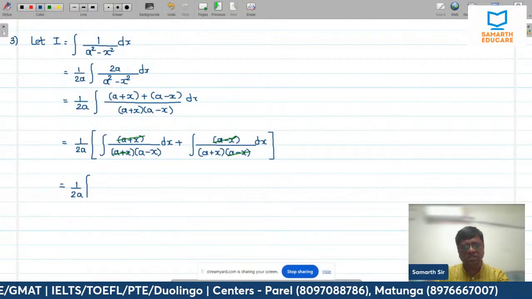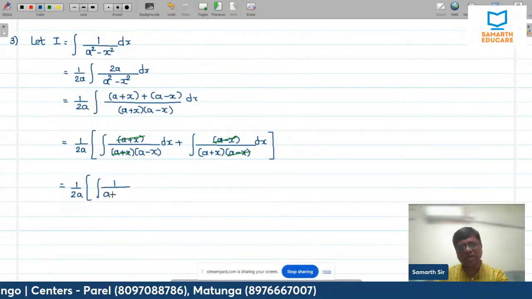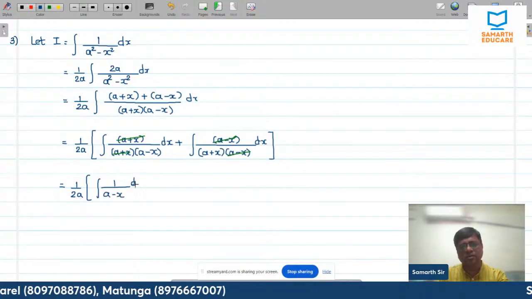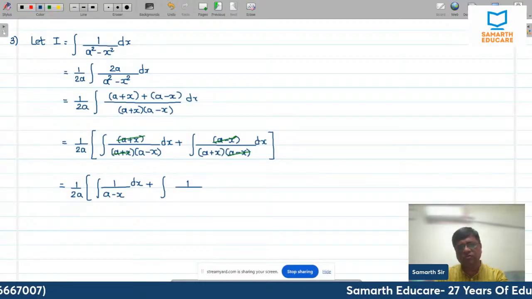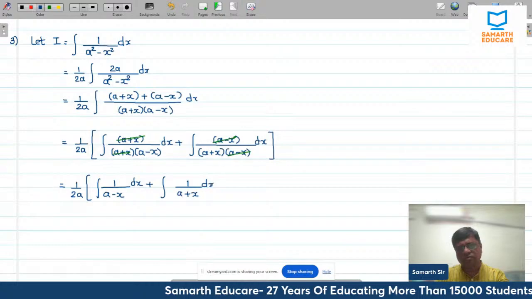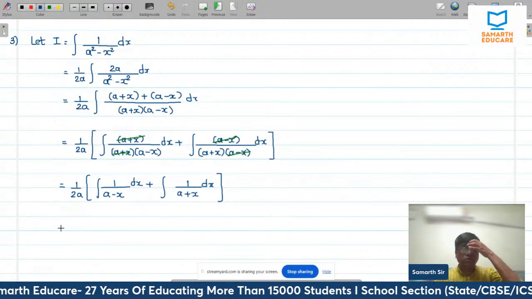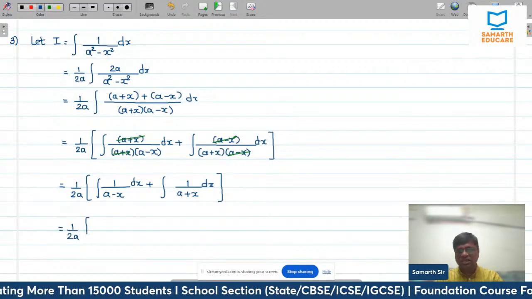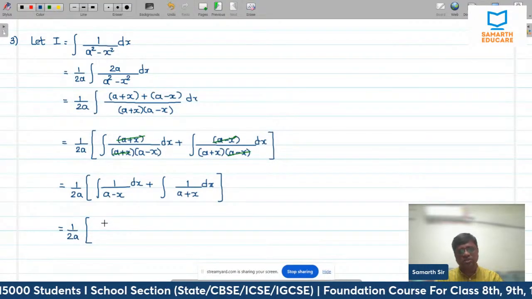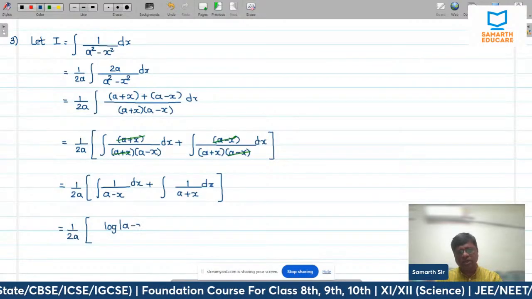What remains is integration of 1 upon a minus x dx plus integration of 1 upon a plus x dx. All right, now that is equal to 1 upon 2a. Integration of 1 upon x is log x, so this becomes log of a linear quantity, so a minus x.